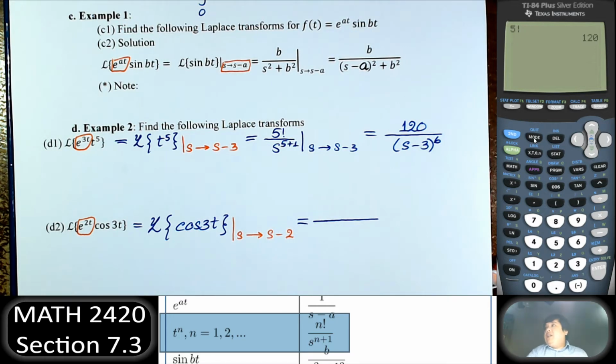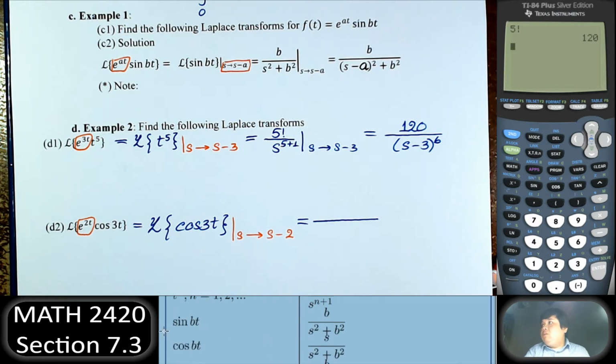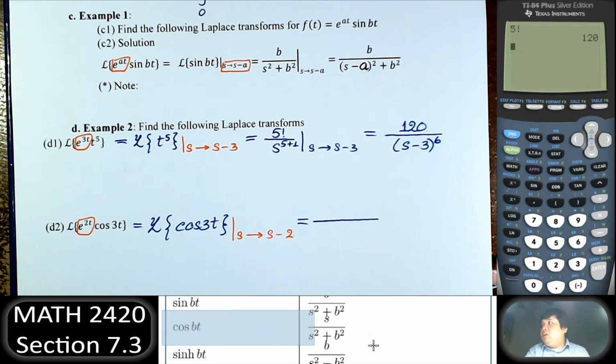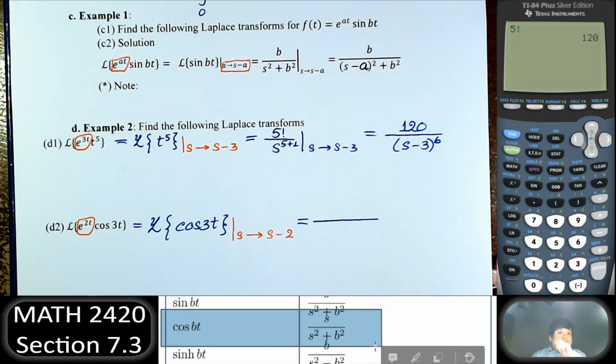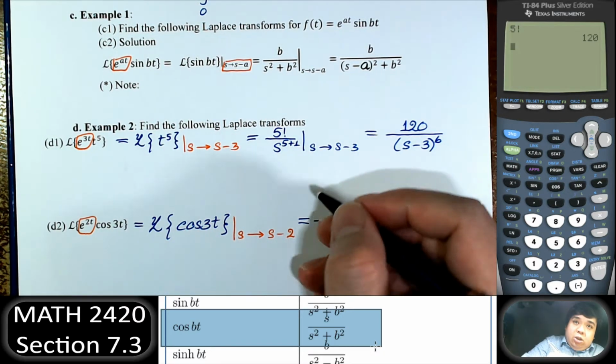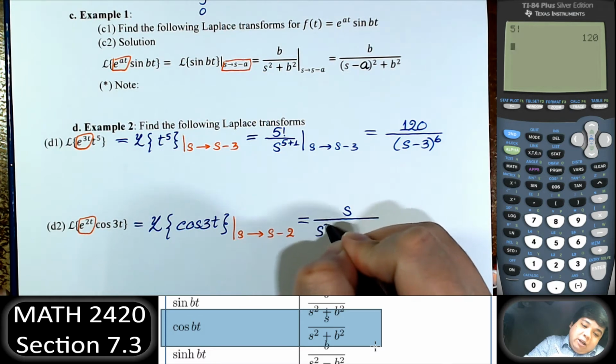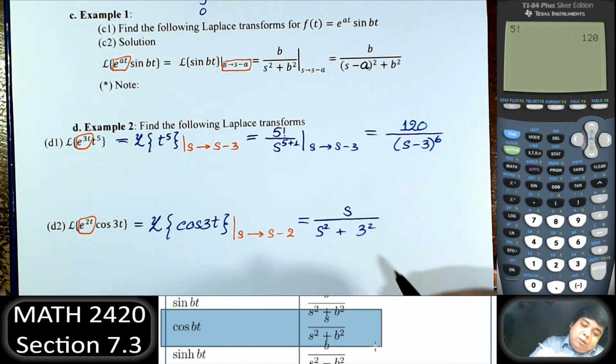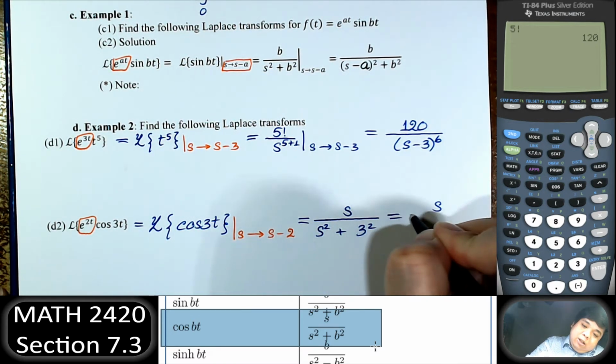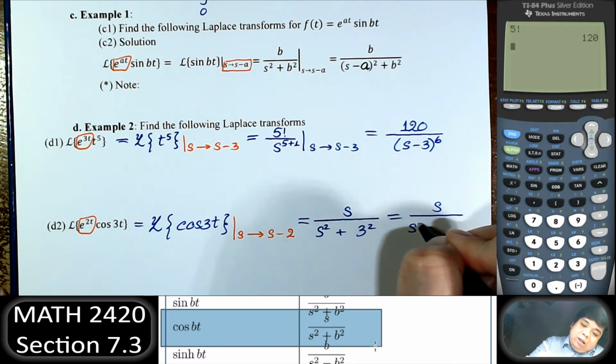Cosine of 3t, we'll use that. B in this case is 3, so we have s over s squared plus 3 squared.